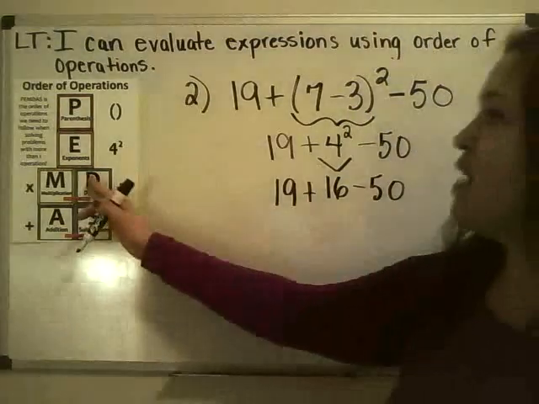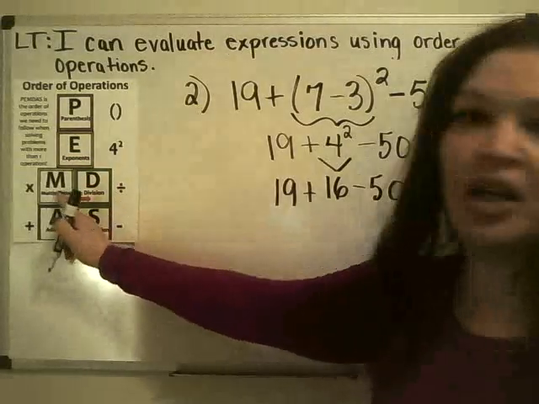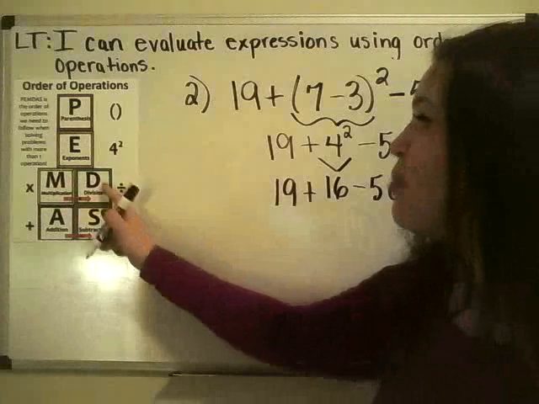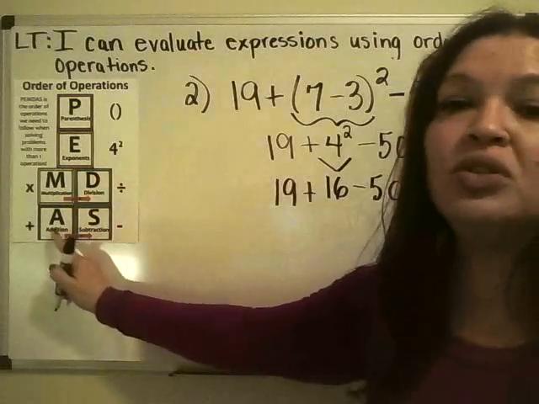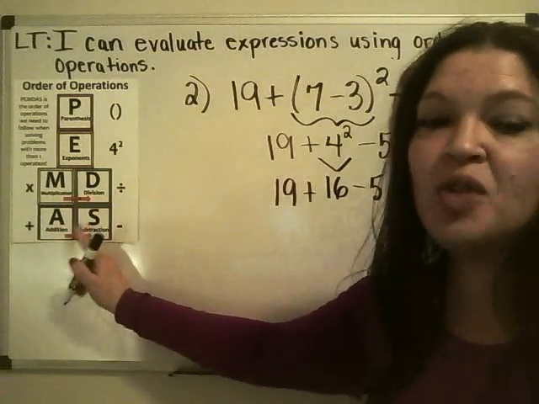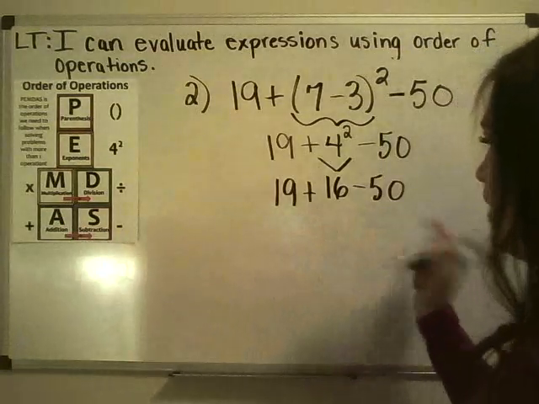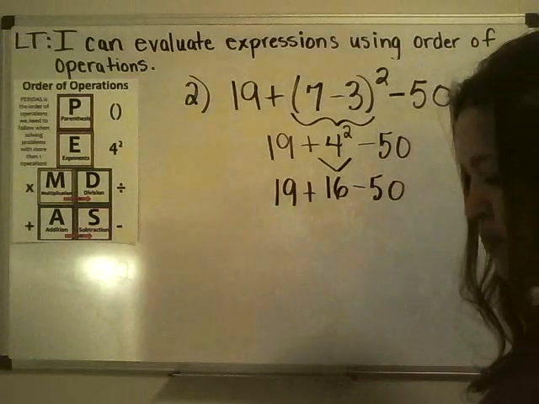Okay, next step, we have no multiplication or division in this step, so we get to skip that part and hop down to the last few steps, which is adding or subtracting from left to right in the order that it appears.